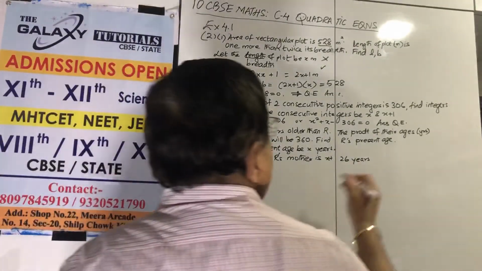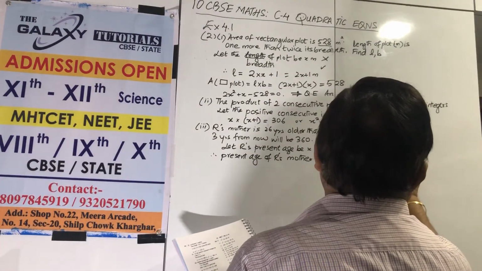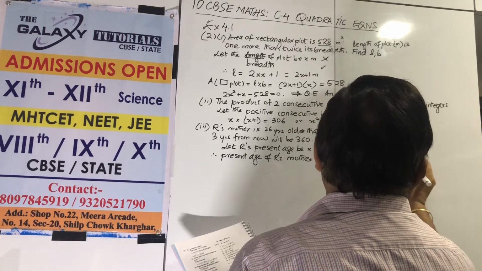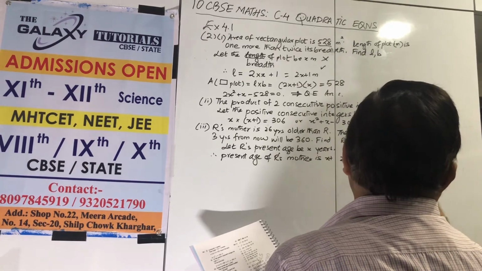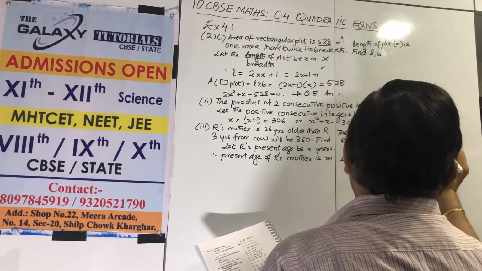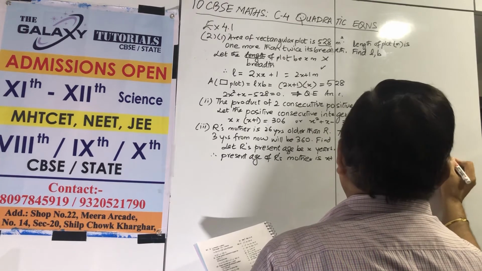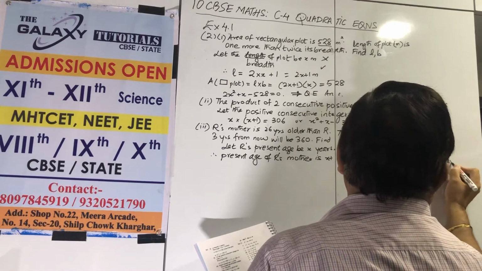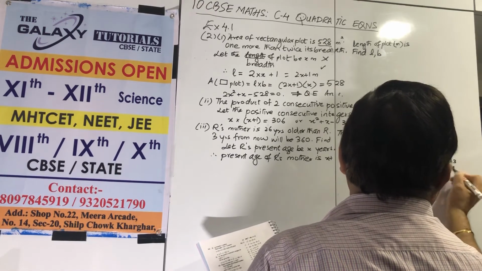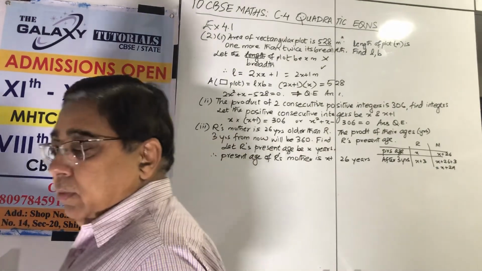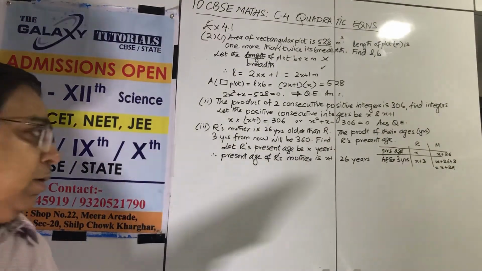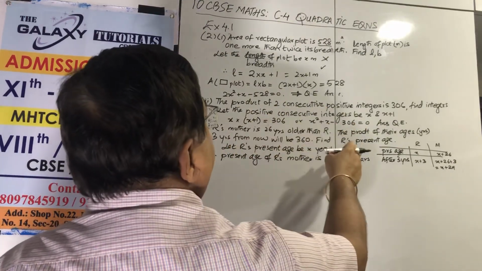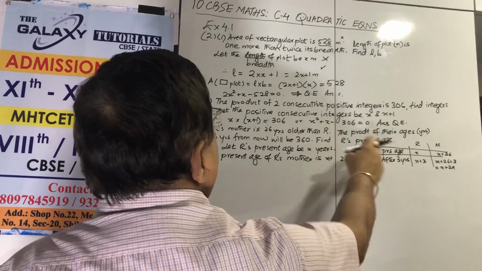After 3 years, my friends, present age and after 3 years. Don't forget. Rohan and mother: x plus 26. After 3 years, add 3, add 3. Now they say the product of their ages 3 years from now.